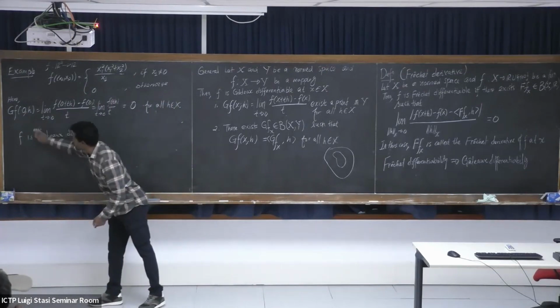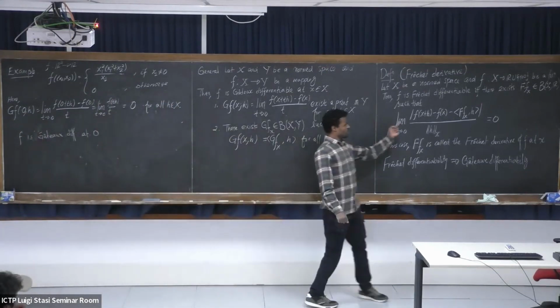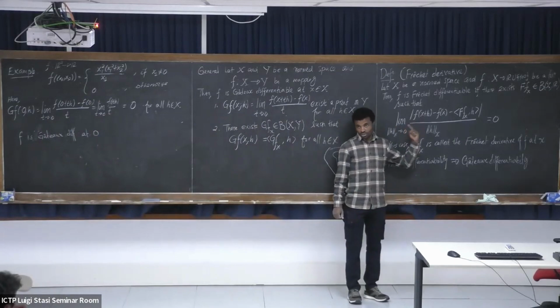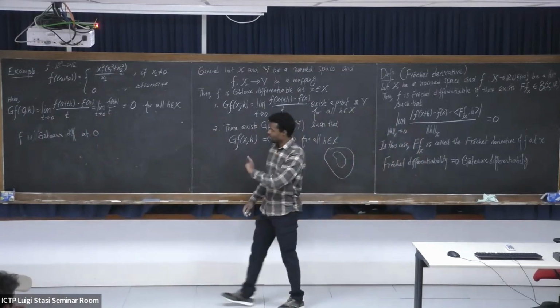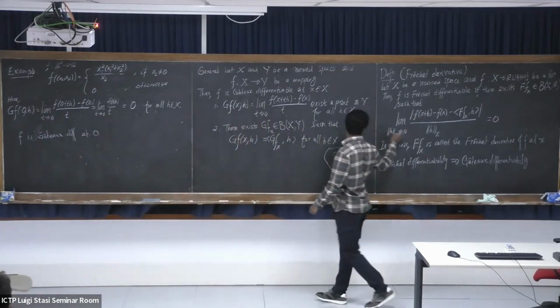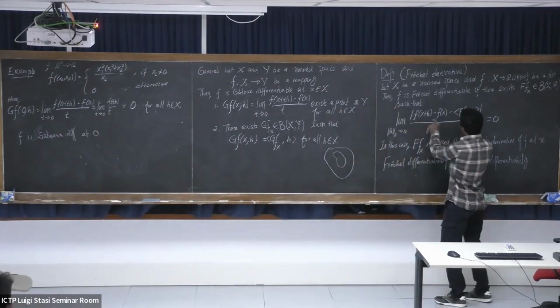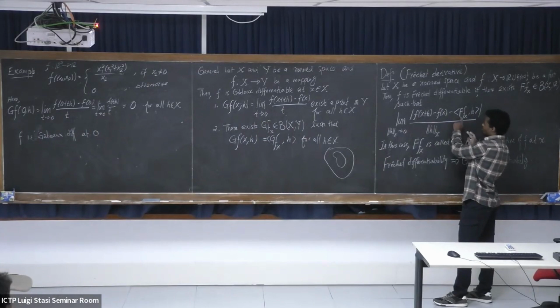If you try this, it takes time, but try to use this to find Fréchet differentiability. You cannot find the mapping so that this limit gives 0.